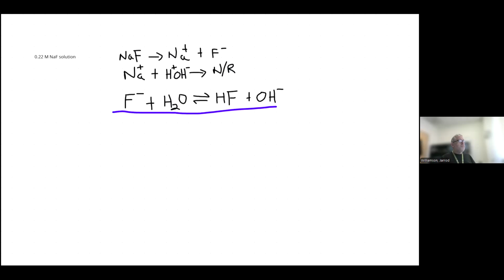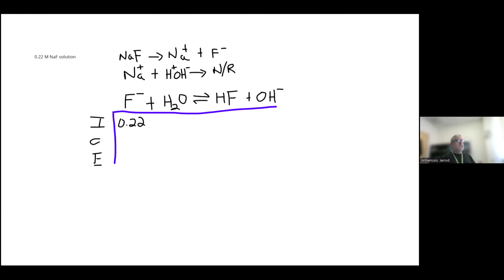Okay. So now, ICE. So it's going to start out initially 0.22 molar fluoride ion. Water is in large excess.